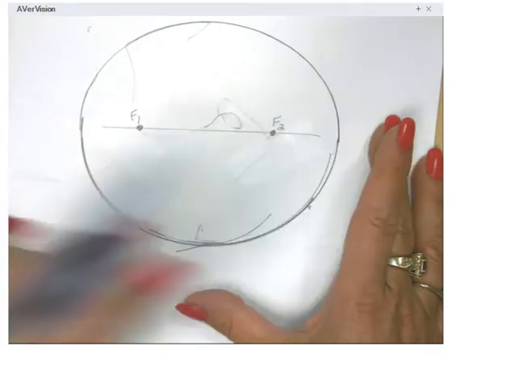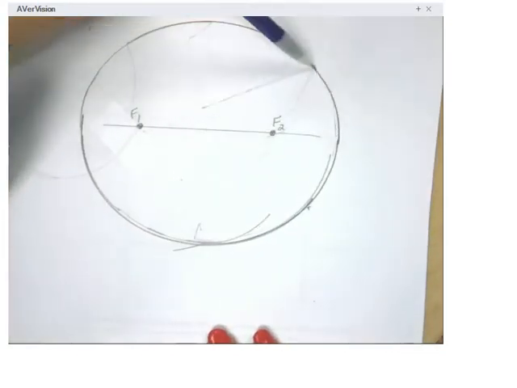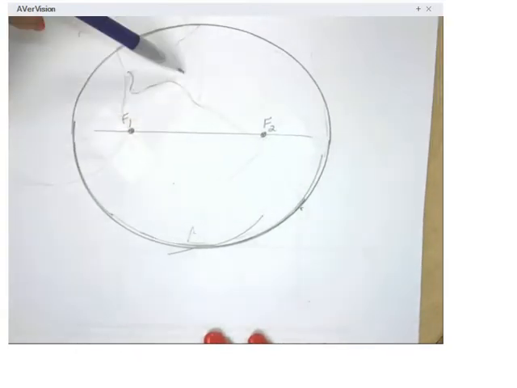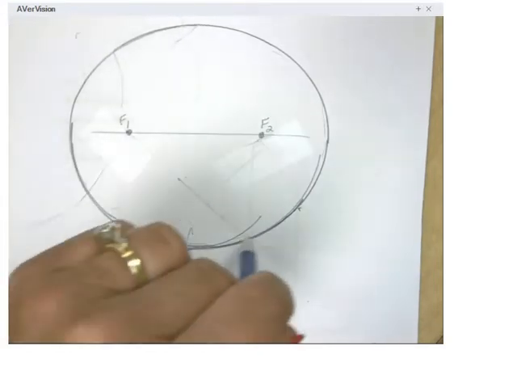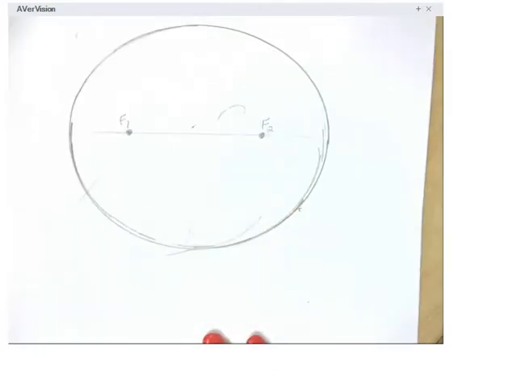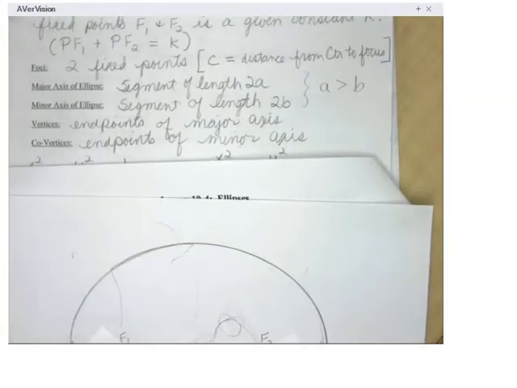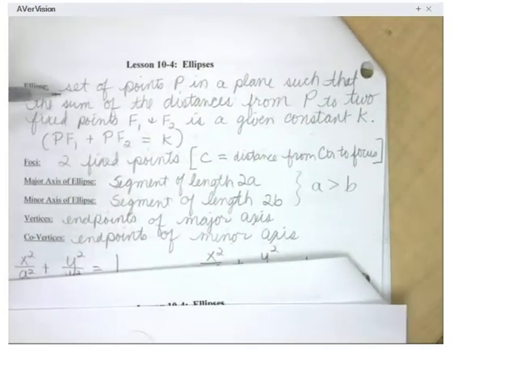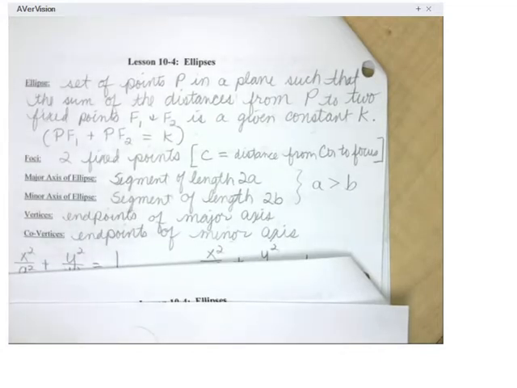So you can see that I kept this string taut. I started way over here and could continue all the way along. Flipped my string down, started way over here, and could continue all the way over. Now, I'm getting caught on that little piece of tape there. Now, let's look back at our definition. We have a set of points in a plane such that the sum of the distances from a point P to the two fixed points is a constant.